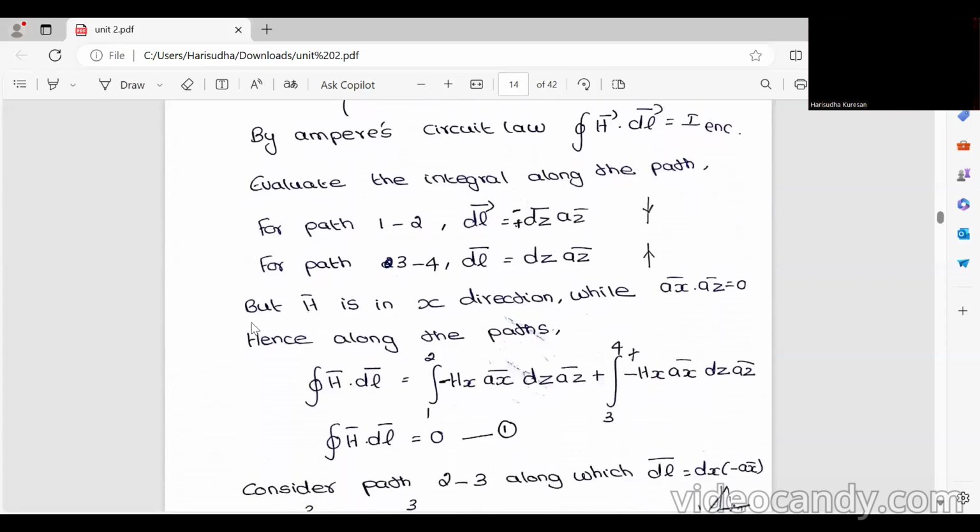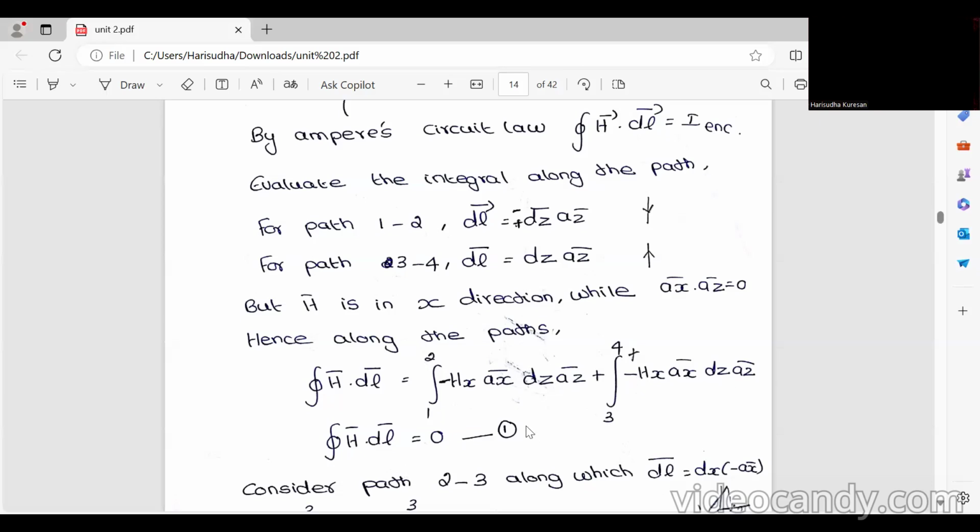So we can determine that the magnetic field intensity is in the x direction, while ax dot az, the dot product of two different vectors, will be equal to 0. Hence, along the paths, we can write the integral of H dot dl as the integral over path 1 to 2 of minus Hx ax dz az, plus the integral over path 3 to 4 of minus Hx ax dz az.